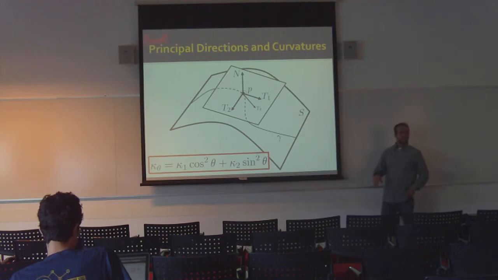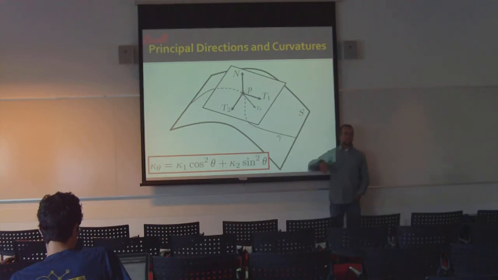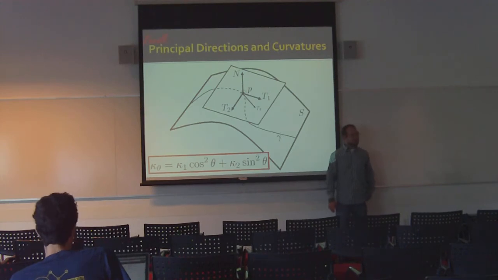So to clean things up a little bit, we can look at this operator A, the second fundamental form, and extract some interesting information from it. The first thing you might ask is, let's say I put in v twice. I take a tangent vector, differentiate the normal in the tangent direction, and take the dot product of the derivative of the normal with the direction that I'm already walking in.